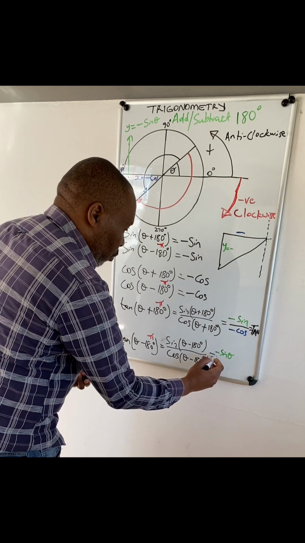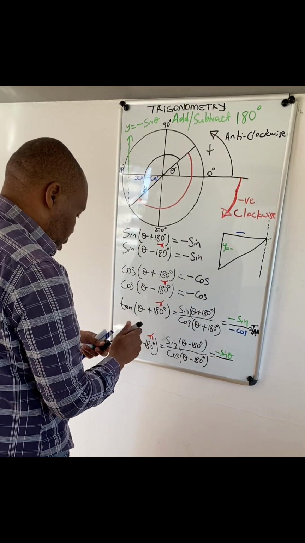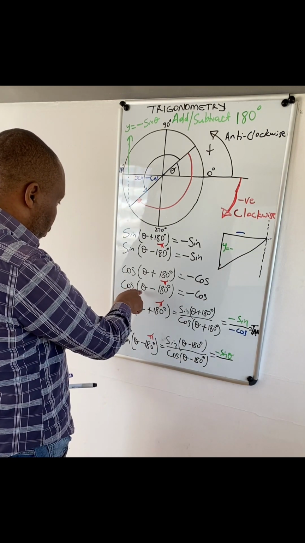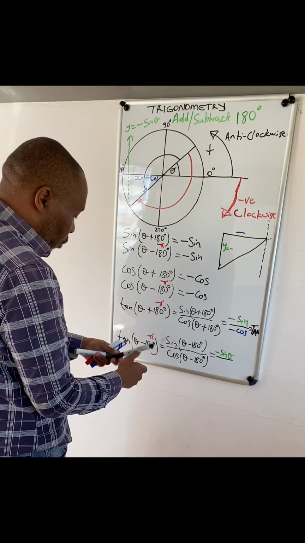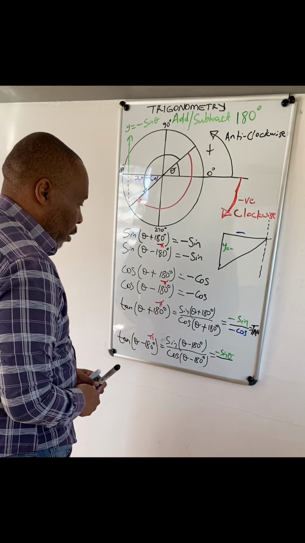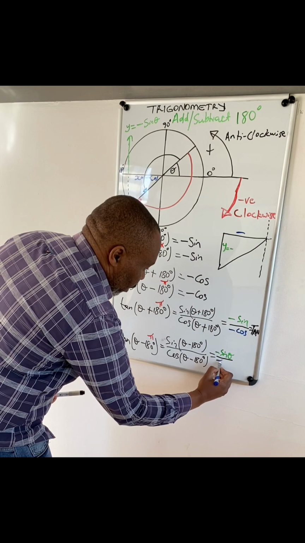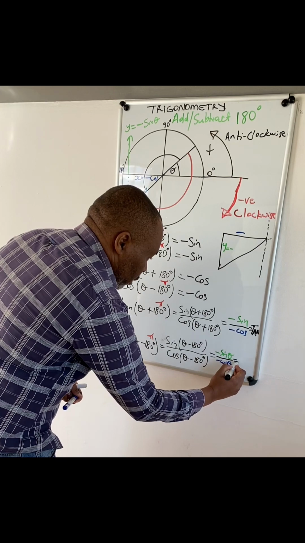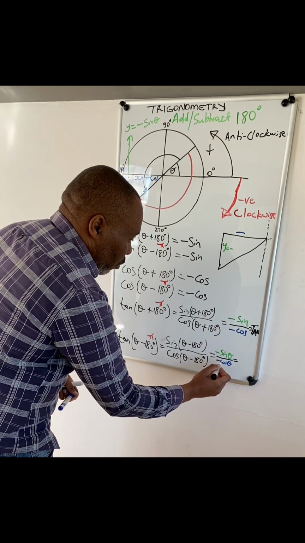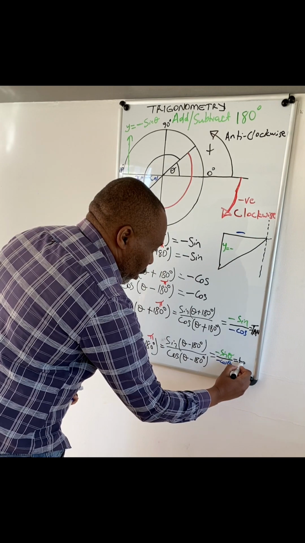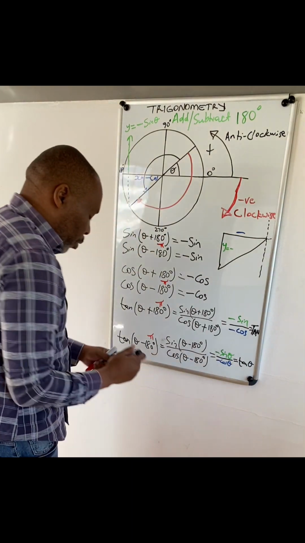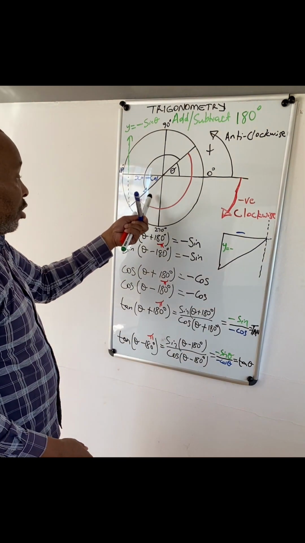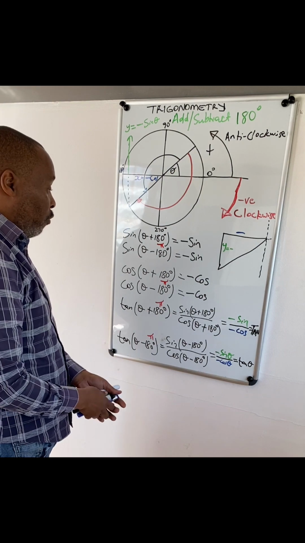Over, we worked out cos of theta minus 180 degrees to be negative cos theta. Negative over negative is positive. Sine over cos is a tangent of theta. Positive tangent of theta, and it proves it because at 180 degrees tangent is positive.